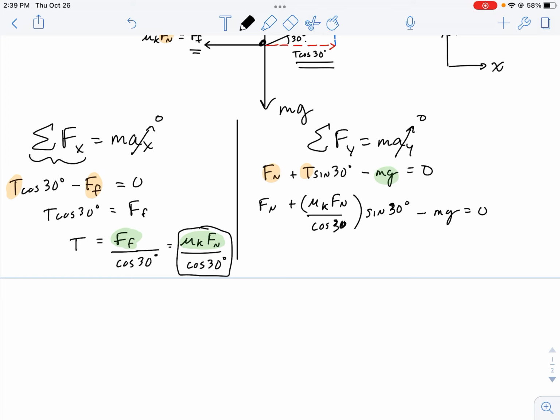Now mu k Fn divided by cos 30 times sine 30, I can rearrange, because this is a number, 0.3, this is a number, and this is a number. And m and g I know, so I can solve for Fn. Let's grab our calculators.